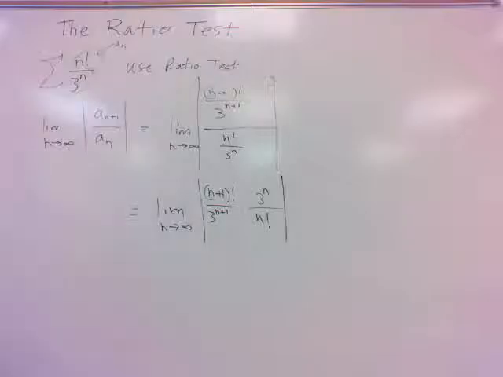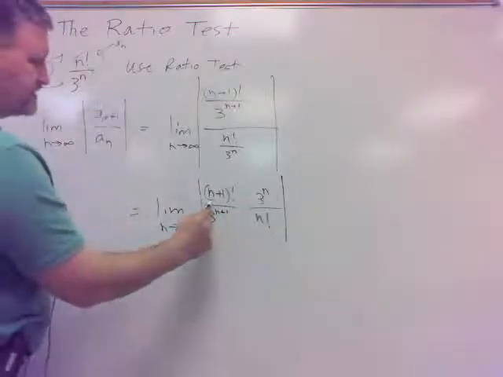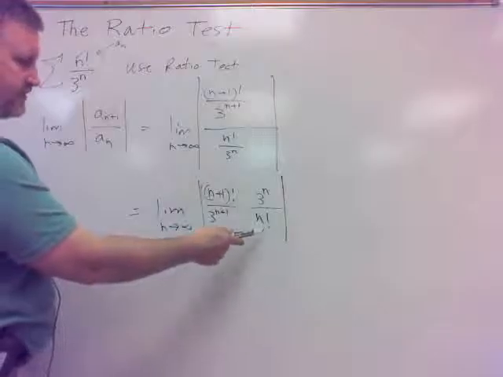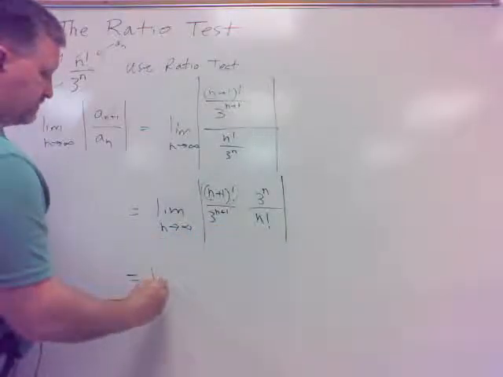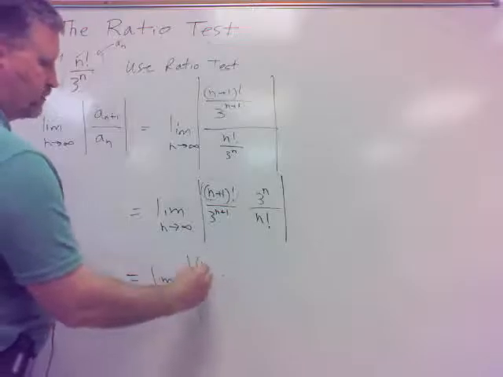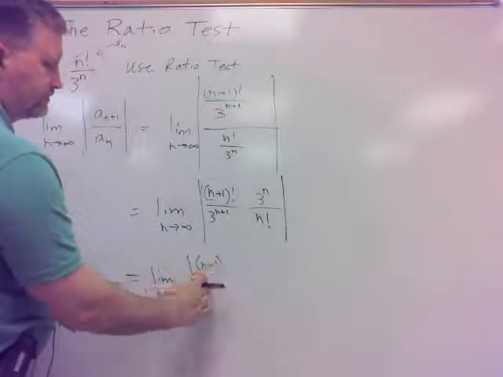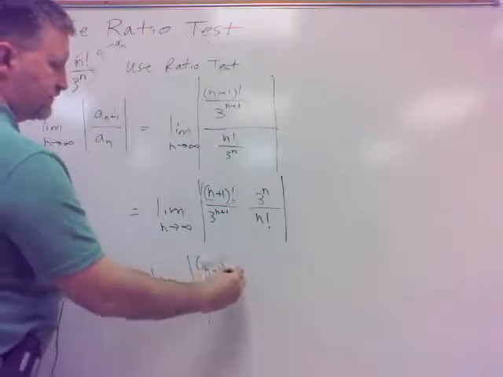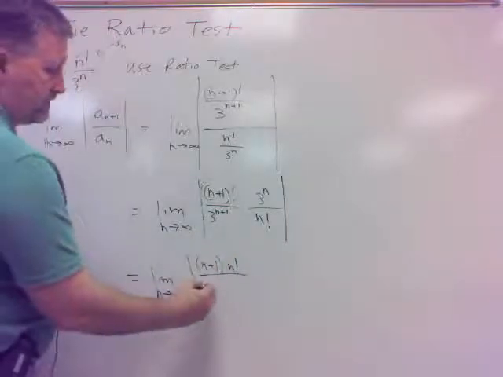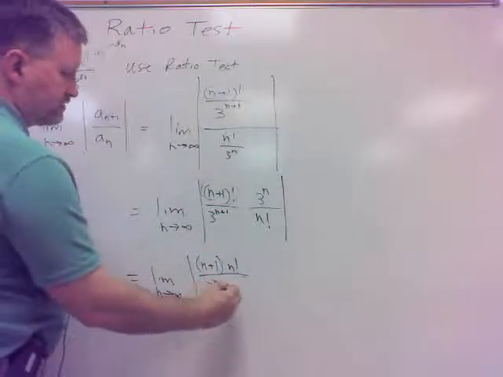Now here's where the canceling comes in. Remember what we just said, n plus 1 factorial, we can actually write it in terms of n factorial, can't we? Isn't n plus 1 factorial n plus 1 times n factorial? 3 to the n plus 1, couldn't we split that up to 3 to the n times 3 to the first?